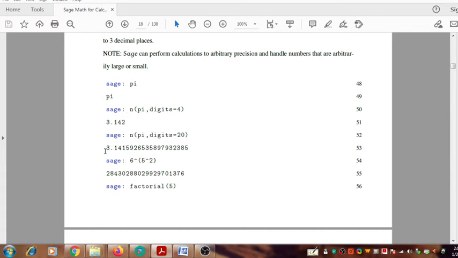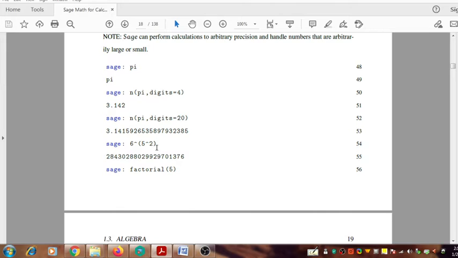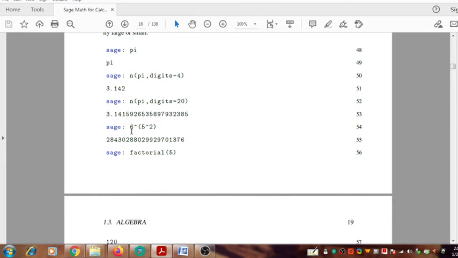You can see the output will be like 3.14, 15, 92, etc. The last two places are filled by 8 and 5, and you can count the number of decimal places in this output: 1, 2, 3, 4, 5, 6, 7, 8, 9, 10, 11, 12, 13, 14, 15, 16, 17, 18 and 19. There are 19 places.